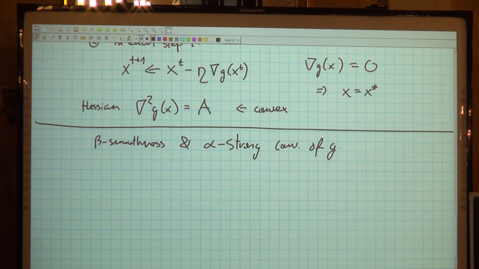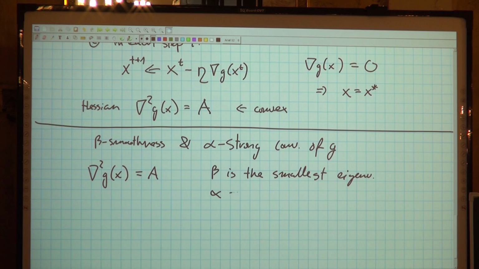But again, we know how to do it as well, because if we know that the Hessian of g is equal to A, then beta is the largest eigenvalue, and alpha is the smallest eigenvalue. This is exactly what we said last time, that this is how you can get beta and alpha.